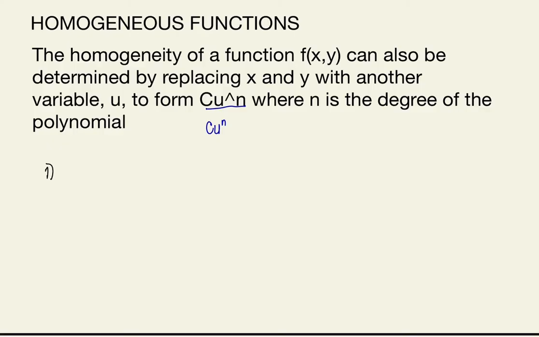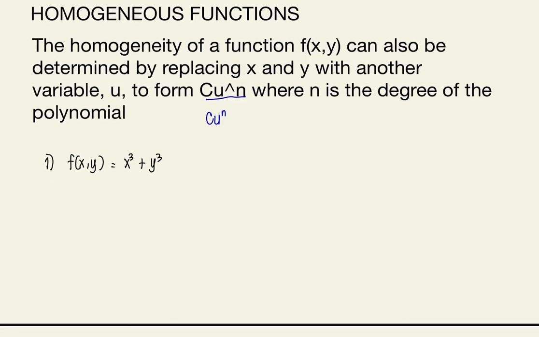So for example, we're given the function f of xy equals x cubed plus y cubed. So this time, instead of kx, ky, we are going to replace again x and y with u. So this will now become f of u equals u cubed plus u cubed. And that would now be equal to 2u cubed. So in this example, our c is 2 and u raised to the power of n.